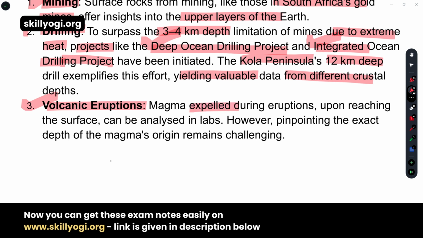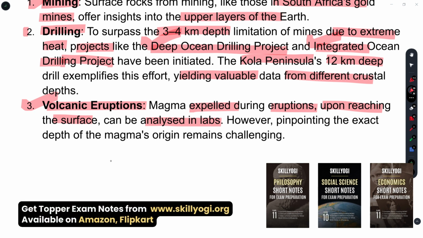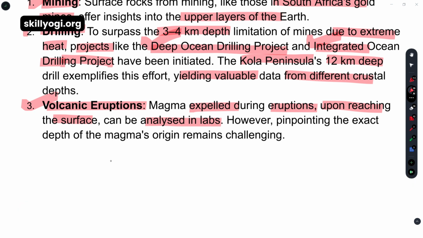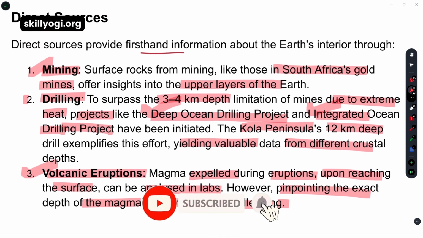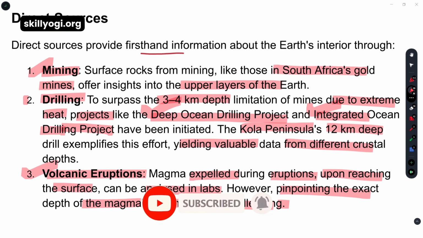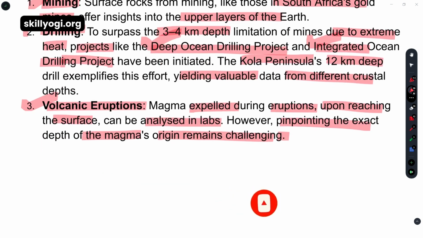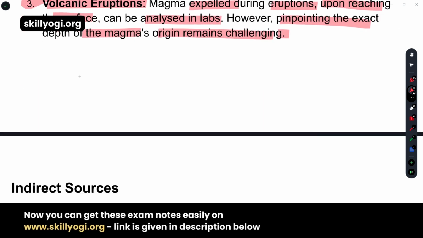Magma expelled during eruptions, upon reaching the surface, can be analyzed in labs. We can have laboratory experiments, but pinpointing the exact depth of the magma's origin remains challenging. So these three are the main direct sources of information about what is happening inside the earth: mining, drilling and volcanic eruption.